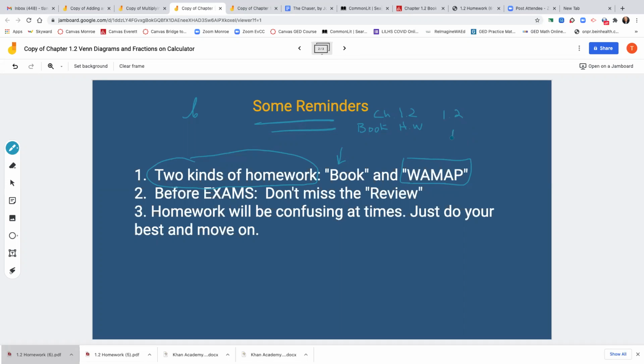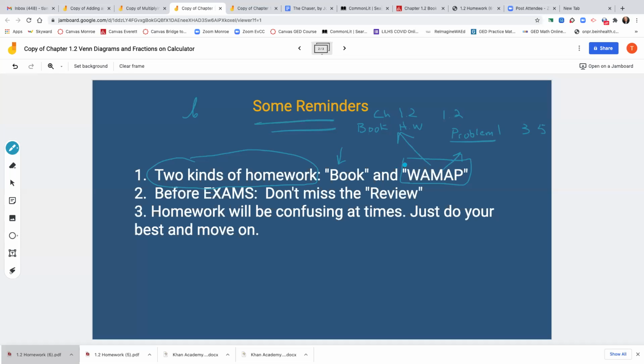So you got one, you'll say like problem number 1 or something like this, okay? All right, you do that problem, okay, and then you can skip it and go to problem number 3, and then skip the next one and go to problem number 5, etc. That's what I mean by doing the odds in WAMAP, okay? You're doing the odds in your book homework and in WAMAP, odds only.